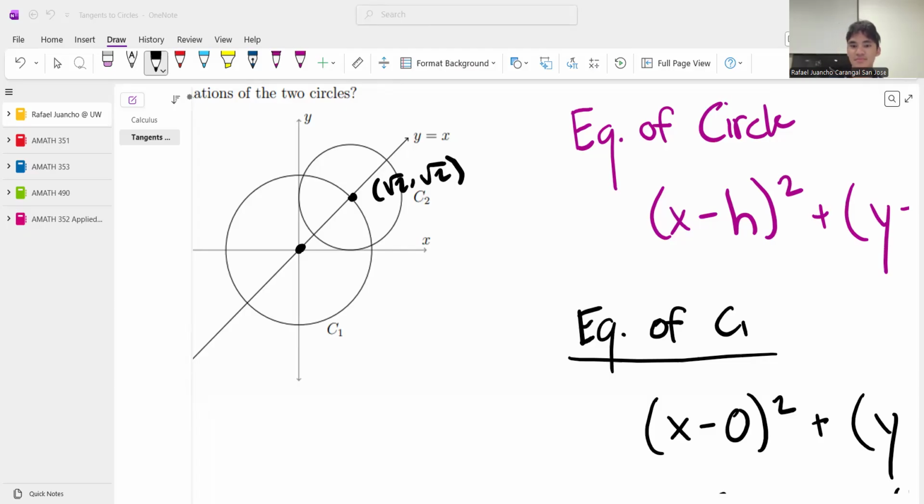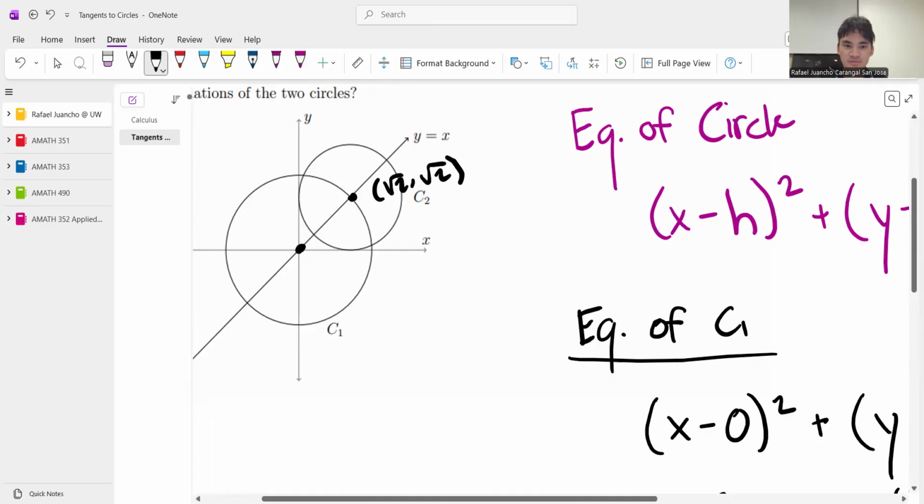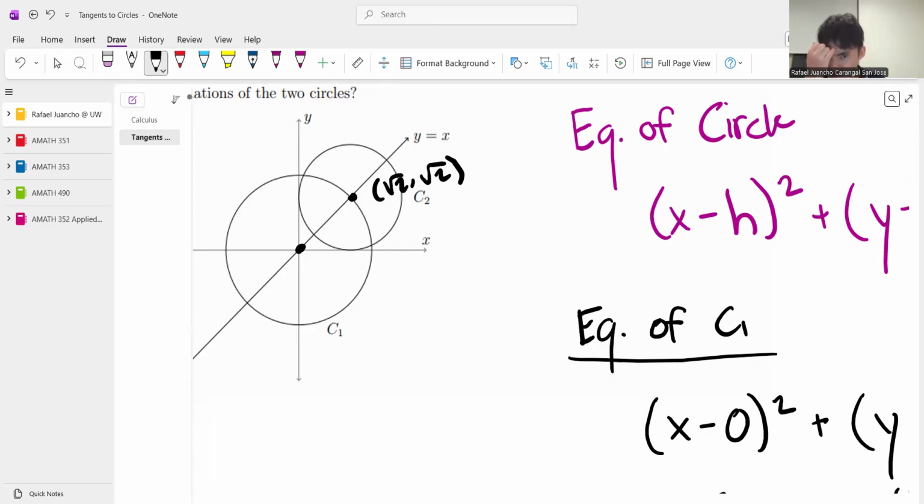Does that make sense? Reason being, let me double check. If we actually look at it from here, going here is square root 2. The distance of that is square root 2. That's the same thing as this. This is the radius. So this is square root 2.